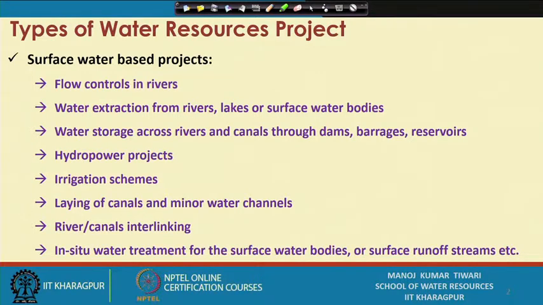If we see the types of different water resources projects, there is a variety of projects which are based on surface water aspects. You can see the list over here.